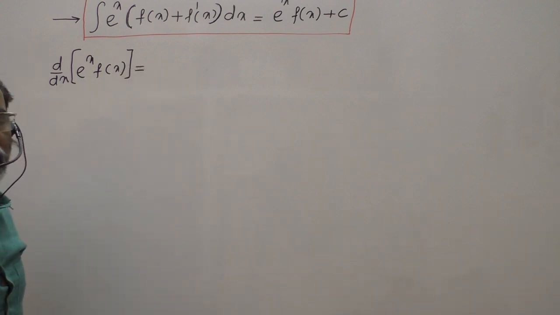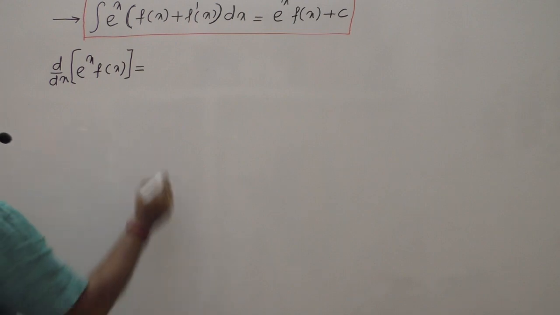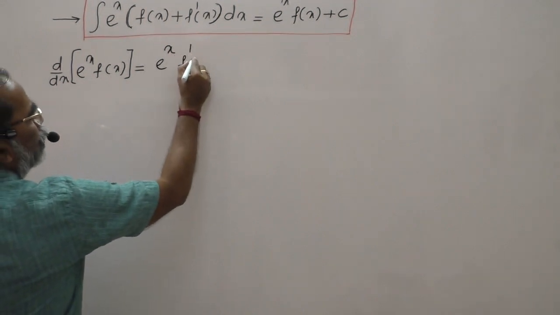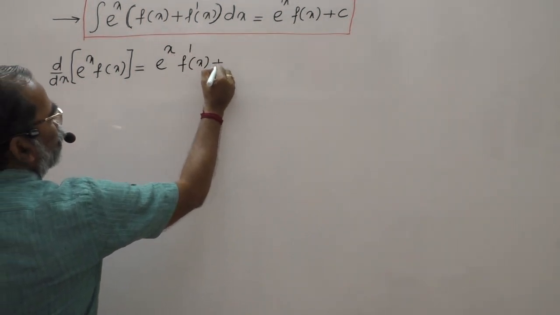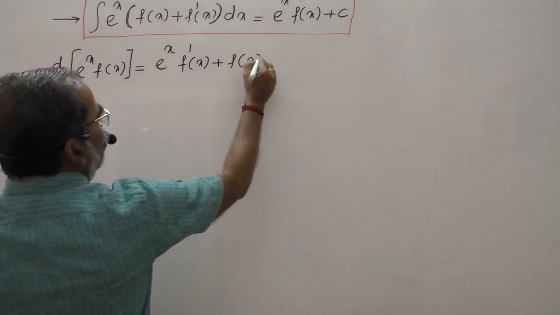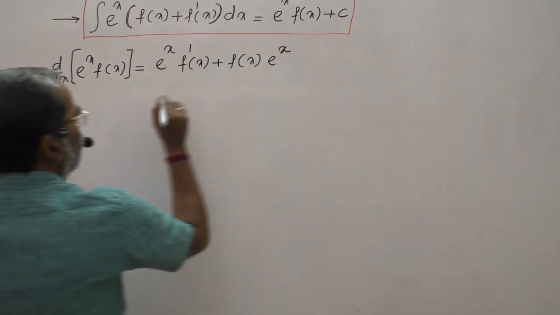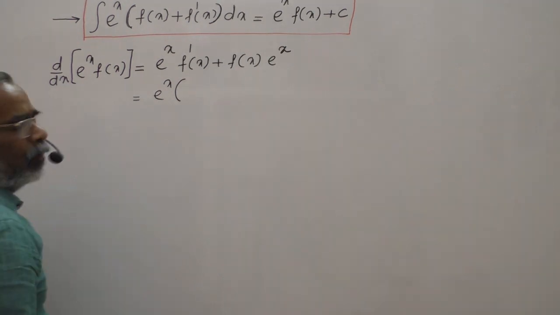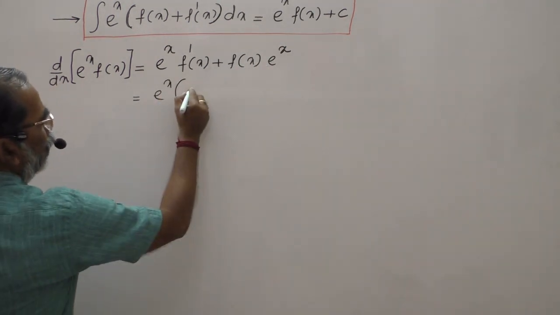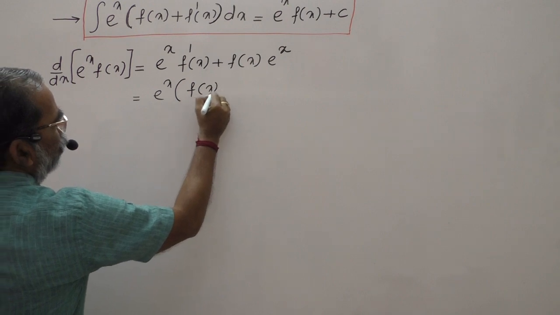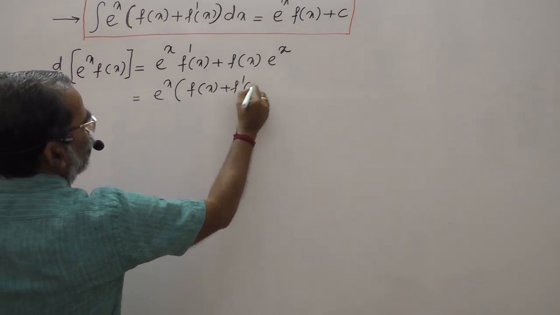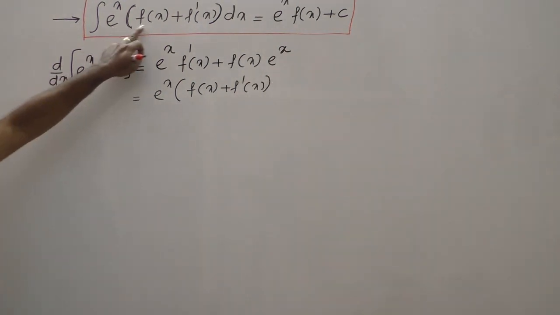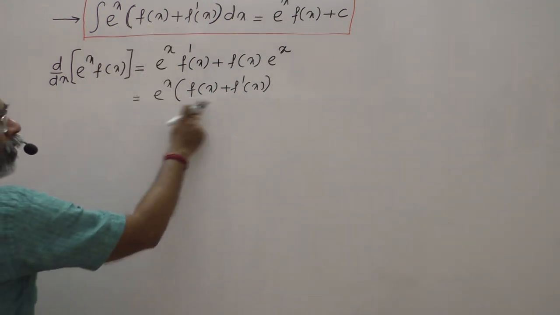When two functions are there, the product rule, the uv rule, should be applied. What does the rule say? u into v dash, where dash means d by dx, plus v into u dash. I differentiate and take e power x common, and I will have e power x into bracket f of x plus f dash x. So we need the integral of this function.